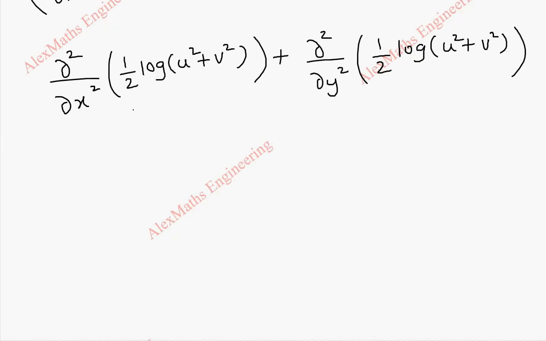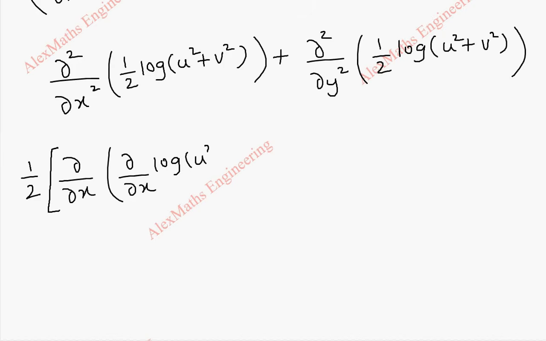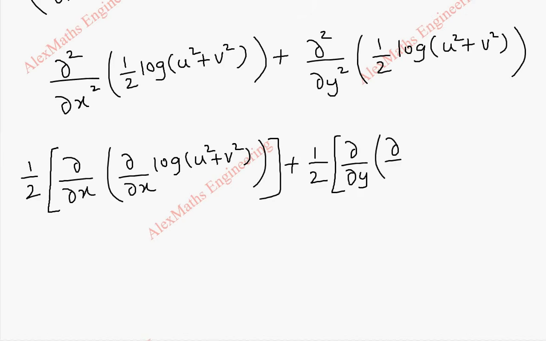Now this half is a constant which can be taken out, and the second derivative we are going to split into two parts: dou by dou x of dou by dou x of log u square plus v square, first term. In the same way, half is taken out, and we split this into dou by dou y of dou by dou y of log of u square plus v square.